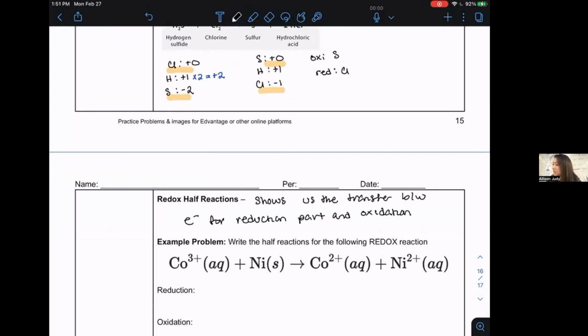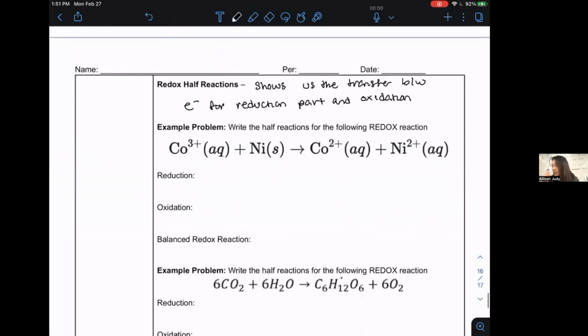Okay, listen to me. So what we see here is, reduction wise, cobalt goes from cobalt 3+ to cobalt 2+, which means I have gained 1 electron. So my redox half reaction for the reduction portion would be cobalt 3+ plus 1 electron going to cobalt 2+.